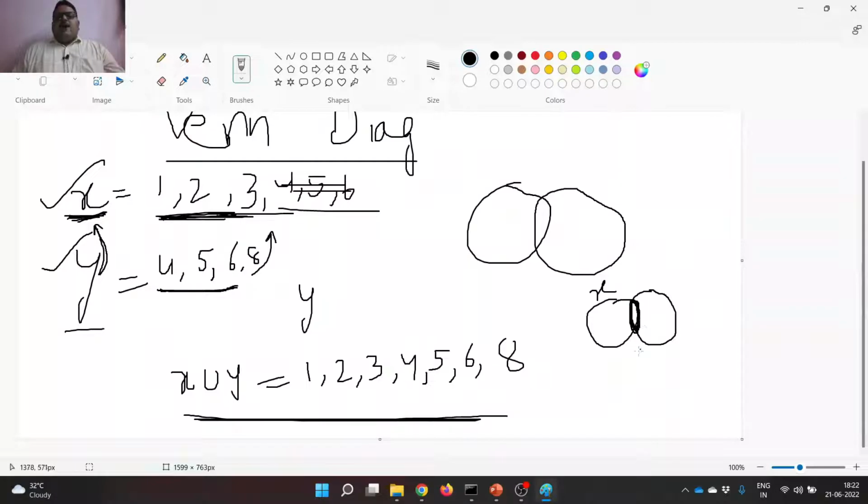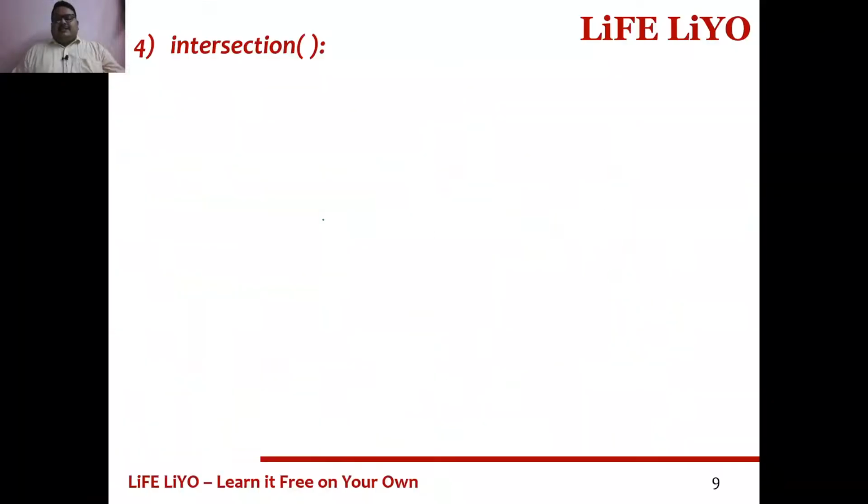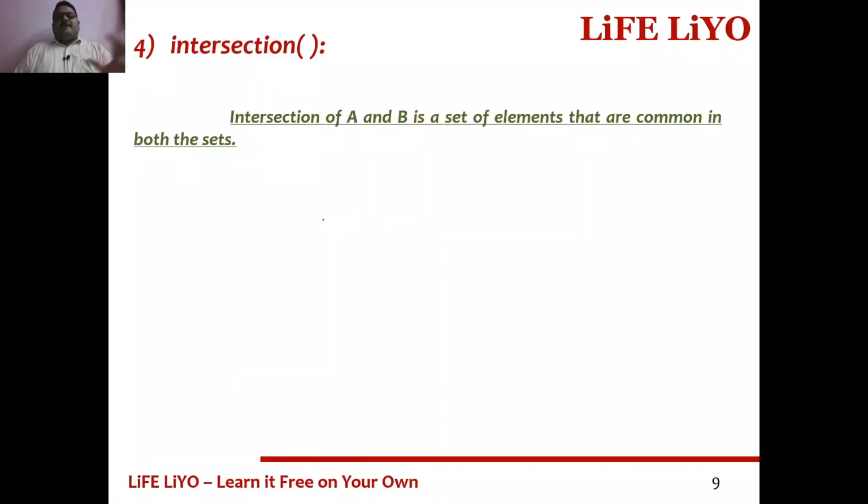So where some elements of the set X and some elements of the set Y have the common things. So if we consider 1, 2, 3, 4, 5, 6 and 4, 5, 6, 8, the intersection is going to give the result as 4, 5 and then 6, because those are the common elements between X and Y. That is intersection. So intersection means common in both the sets.